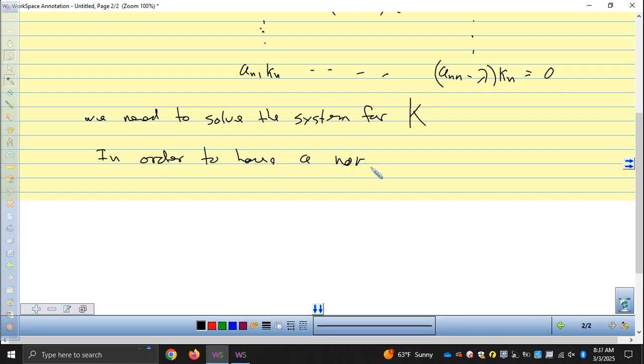So to have a non-trivial solution, we need the determinant of A minus lambda I to be 0.